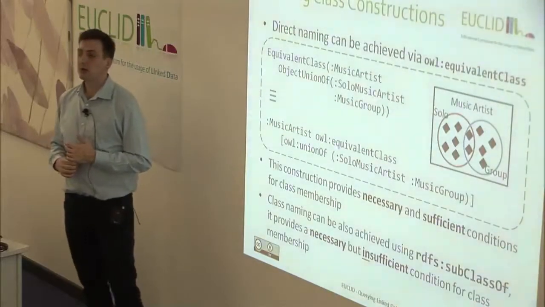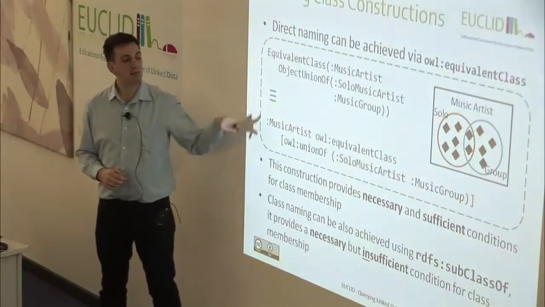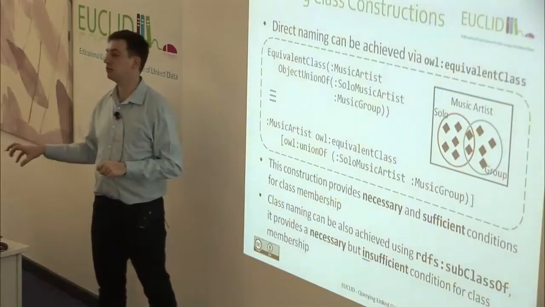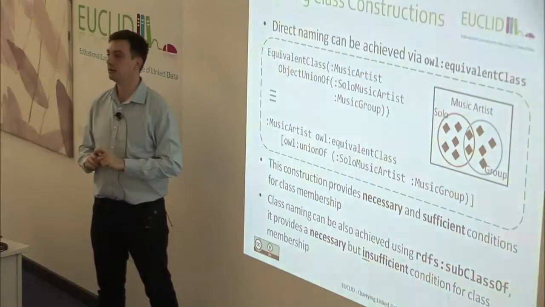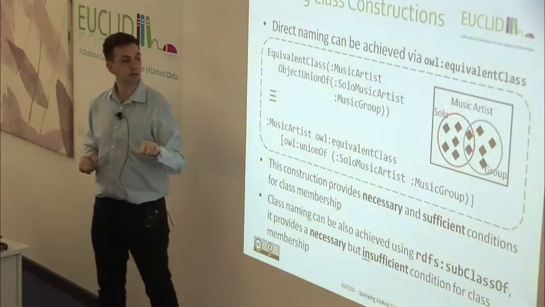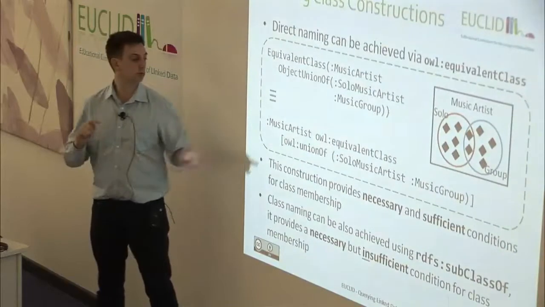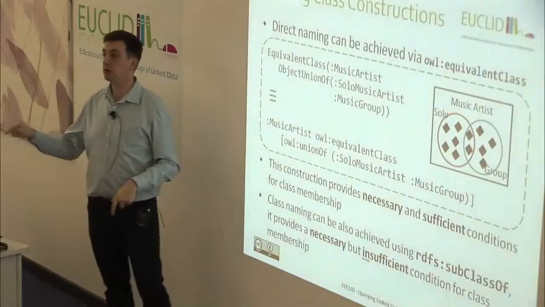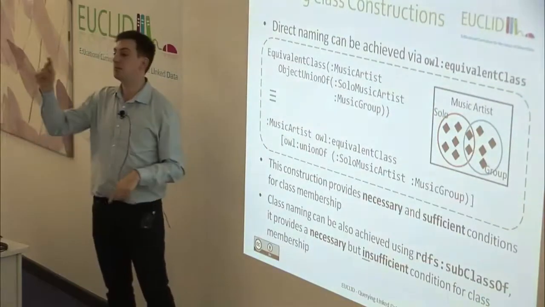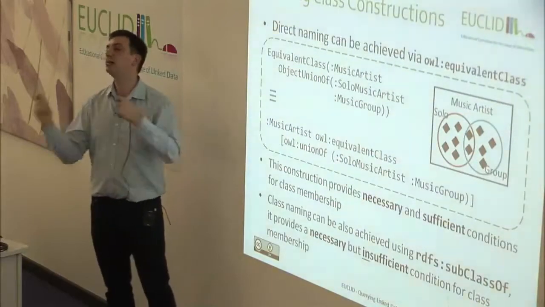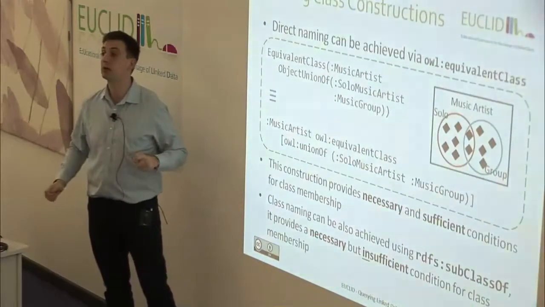Okay? By asserting that, we've said more than that solo music artist and music groups are subclasses of this thing. By saying they're both subclasses, if we put someone in solo music artist, then they're in music artist. If we put a group in music group, it's a member of music artist. Okay? But by asserting this, we've said the converse also holds, because it's an equivalence.